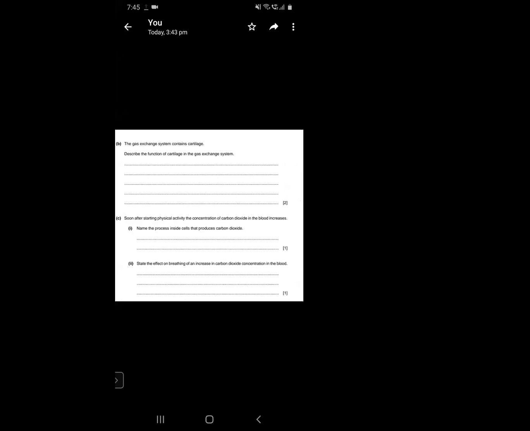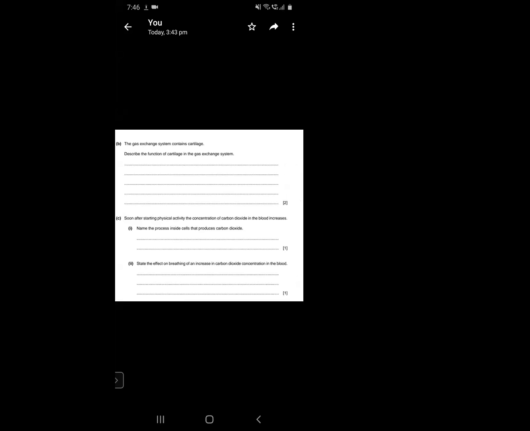State the effect on breathing of an increase in carbon dioxide concentration in blood. This could lower the pH. Breathing speeds up, at which CO2 is removed from the blood. Very good. By the way, this part we have not discussed in detail. This is the part that we'll do in grade 9, but it's okay. We will discuss this a little here.